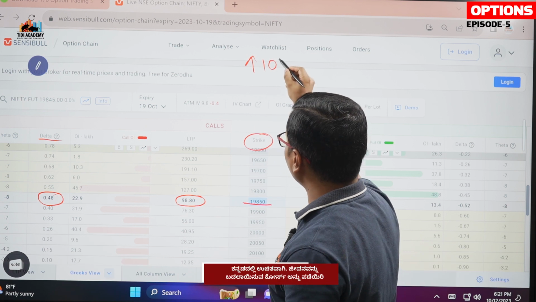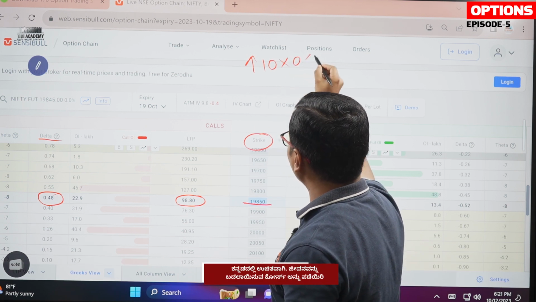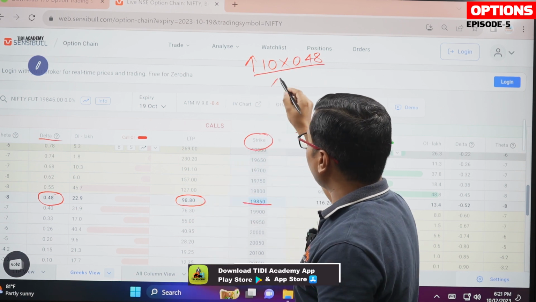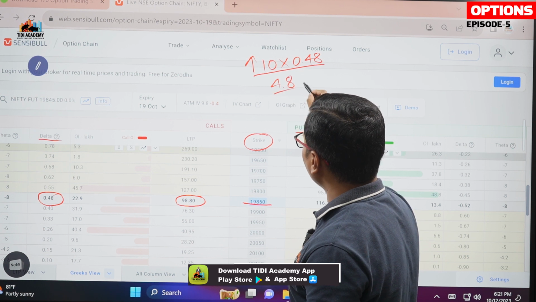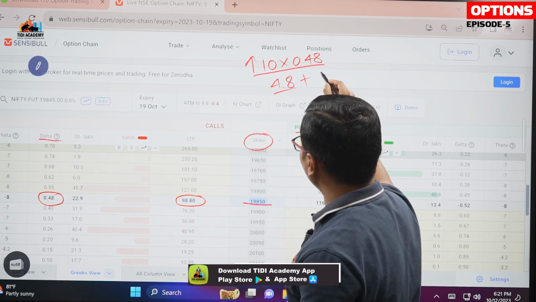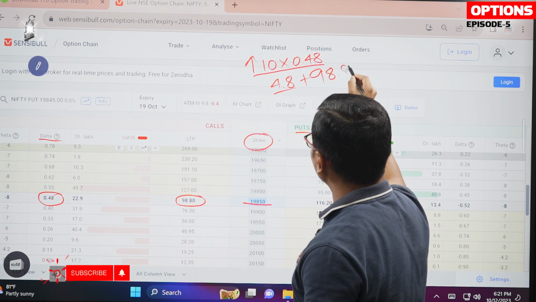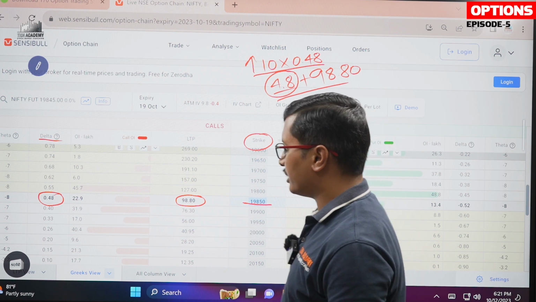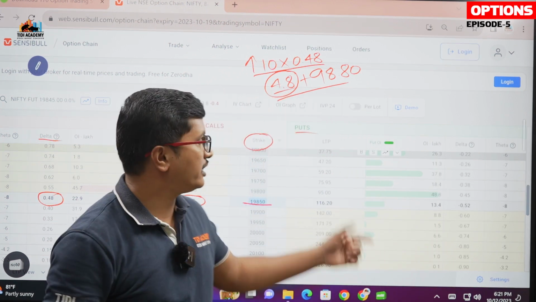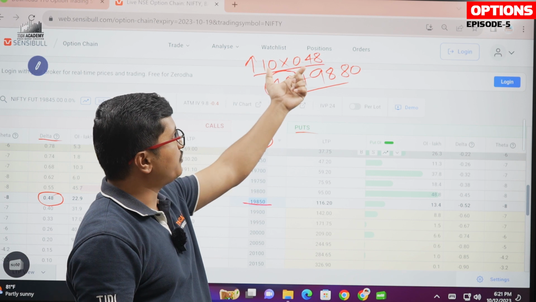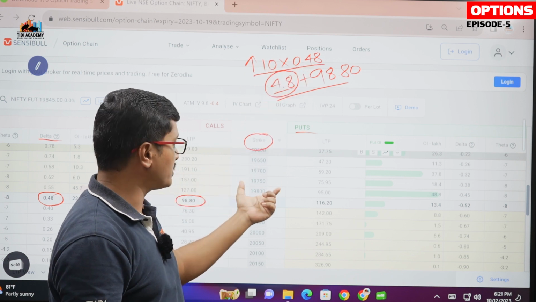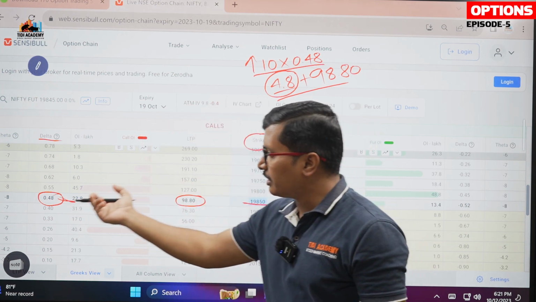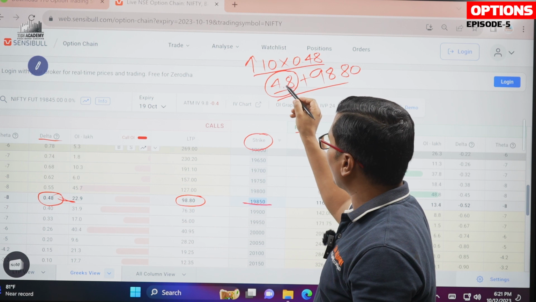If the market moves upside, how we have to calculate is 0.48 into 10, so 4.8 points will be added to the LTP which you have bought. So the profit is 4.8, calculated along with the market movement and the delta for this strike price. If you buy this ATM strike price, you get a profit of around 4.8.